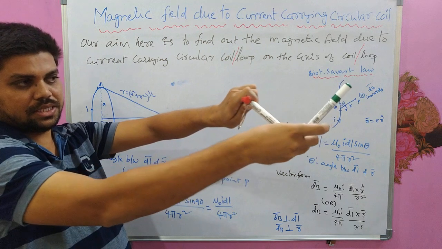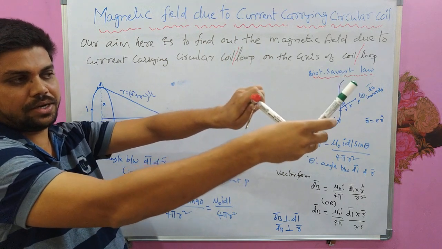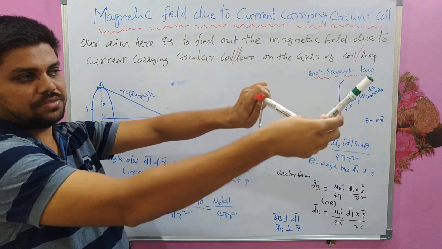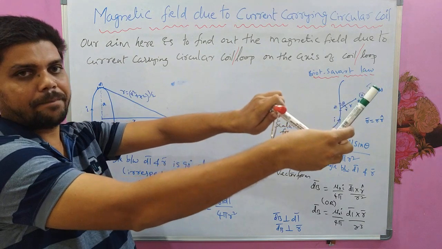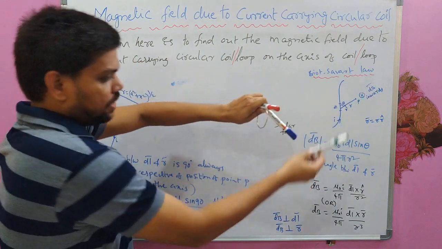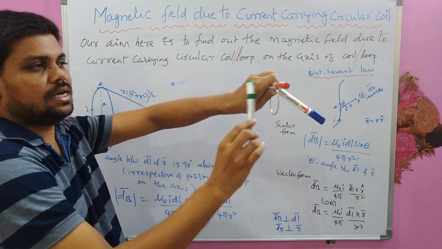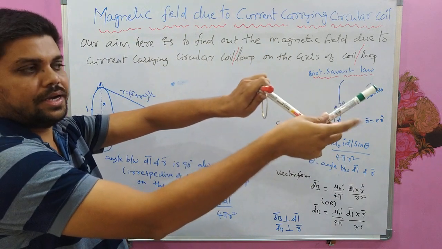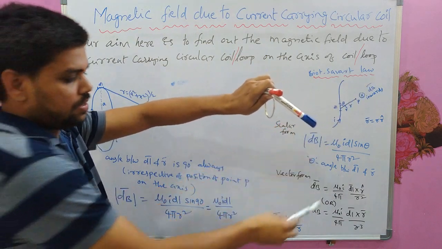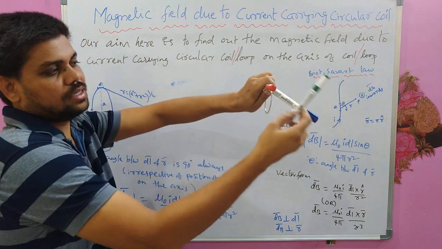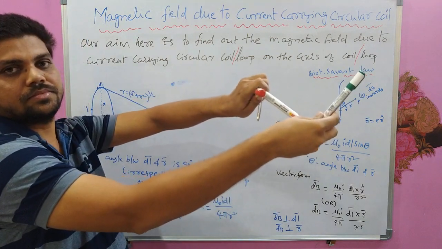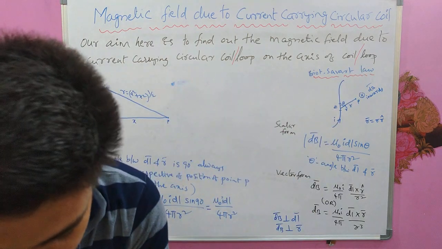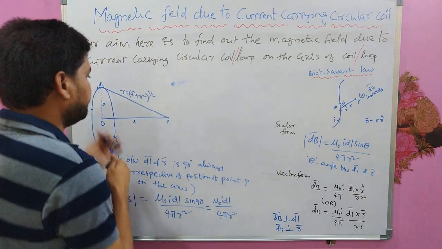Now you can see this. This is perpendicular to R as well as DL. DB must be perpendicular to DL. DL is this. And DB must be perpendicular to R. R is this. So now what is the direction of magnetic field at this point P?